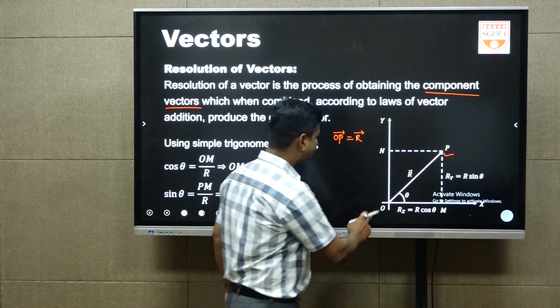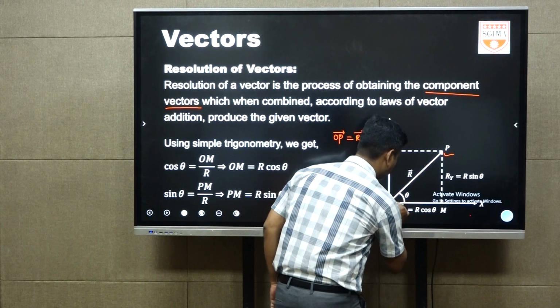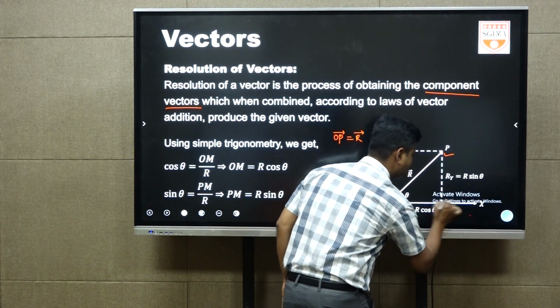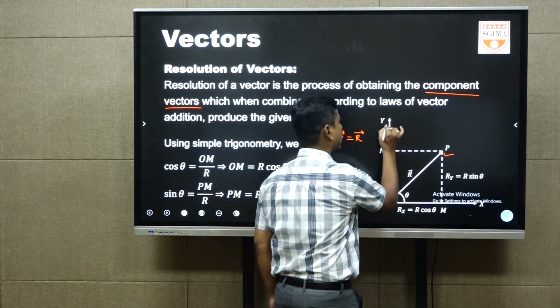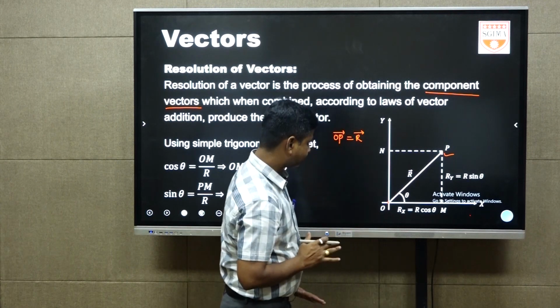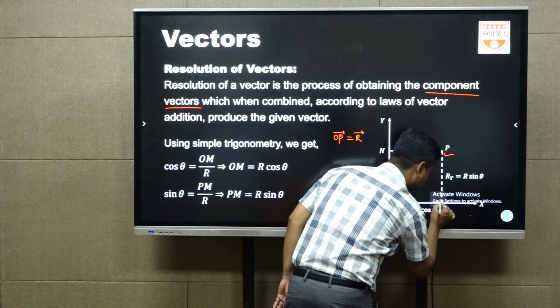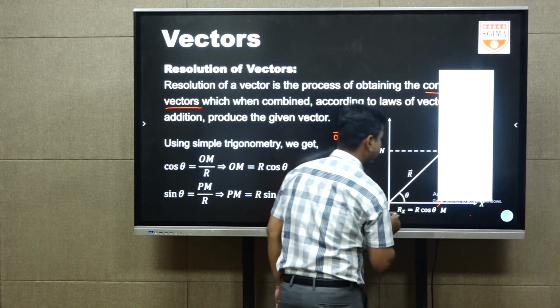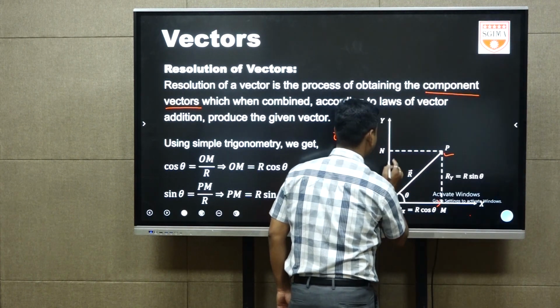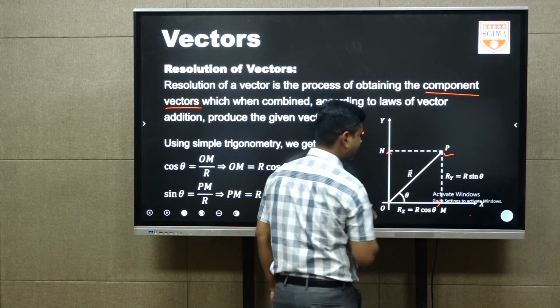Now one horizontal line can be taken along the x axis, and one vertical line along the y axis.